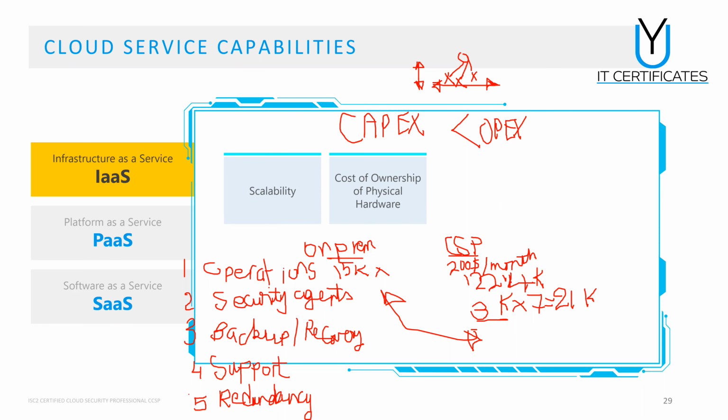How much will the operations cost me? How much is the operations team receiving per month, and how many persons are responsible for this server? This server is not just hardware. It has an application. It may have a database. It may have an operating system, of course, and all this stuff.